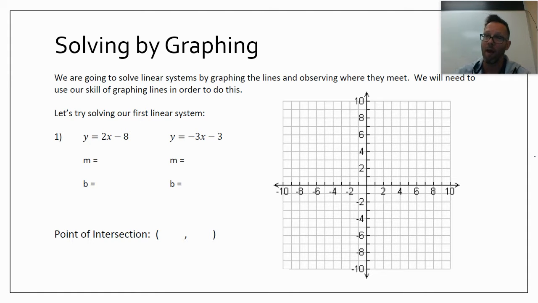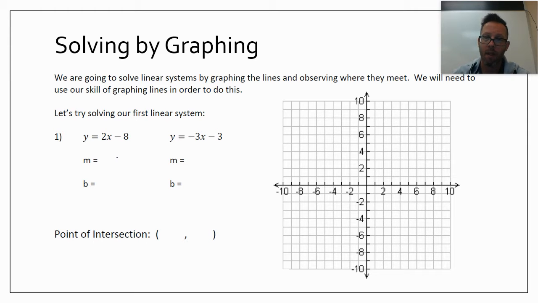We literally just reviewed this in our last lesson. So can you graph these two lines and see where they meet? You're going to solve your first linear system, and we're going to do it by graphing. I would love it if you pause the video and work through this example, and then unpause when you think you've got it. But if you want to follow along with me, that's okay too.